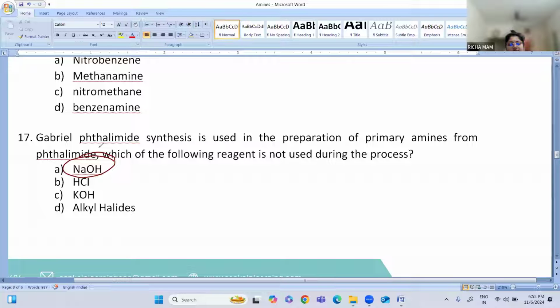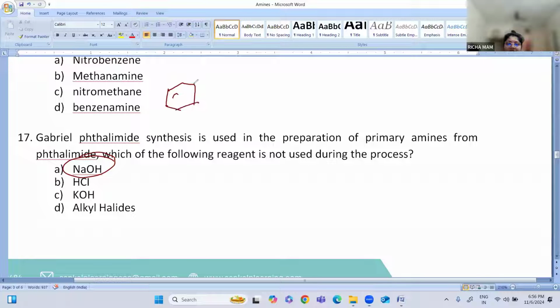Gabriel phthalimide synthesis. So what is the starting product we are using? Which is the starting product which we are using? Already we have discussed this Gabriel phthalimide synthesis. We are using phthalimide, right? So how is the reaction?